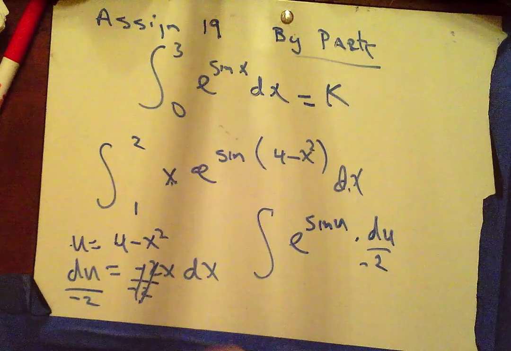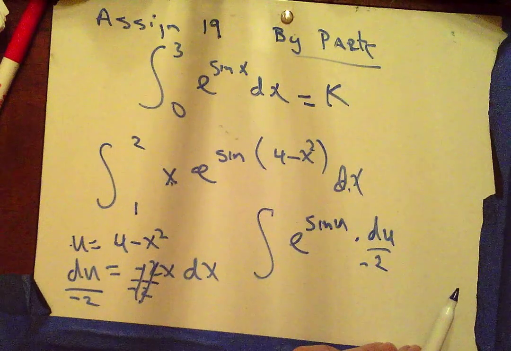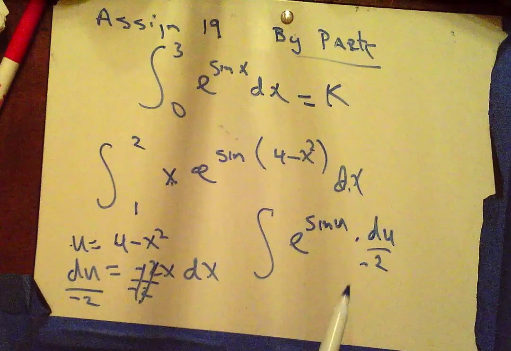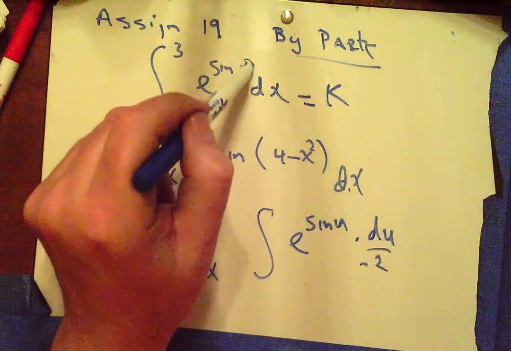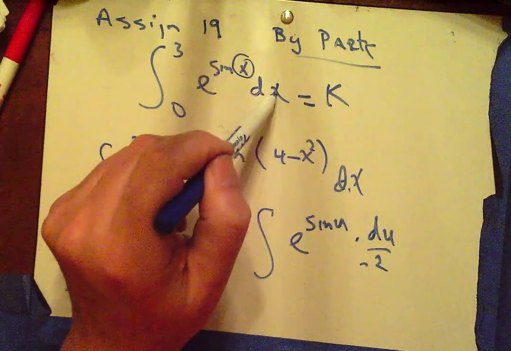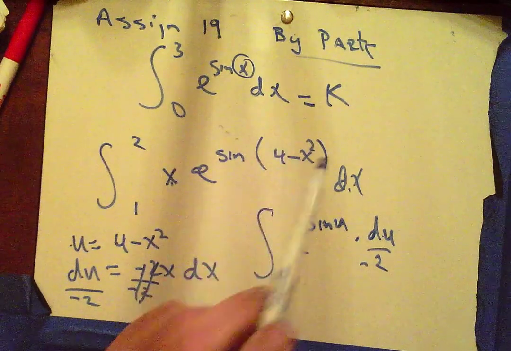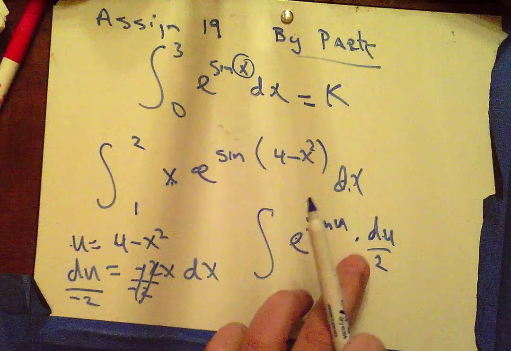Okay. Well, where do we go from here? Take a look. When we have e to the sine u du, we know something about that. Let's take this a little further.